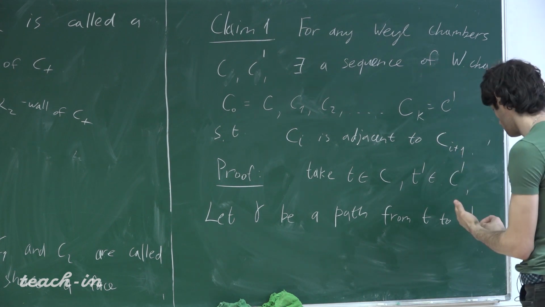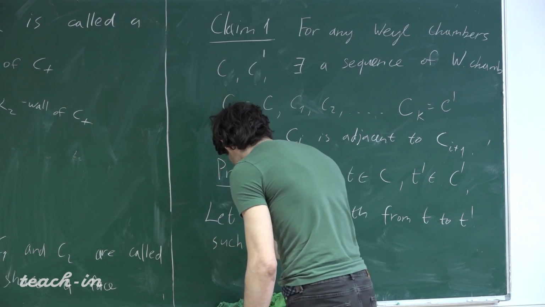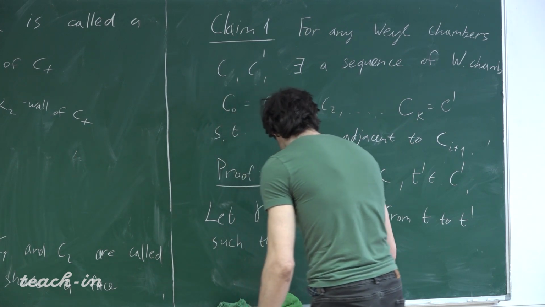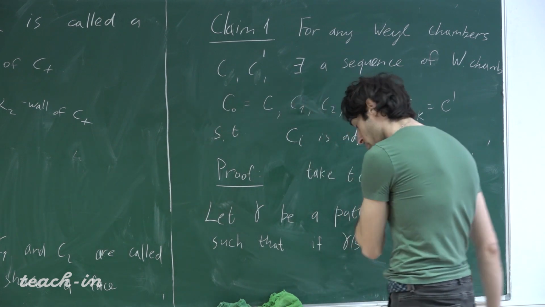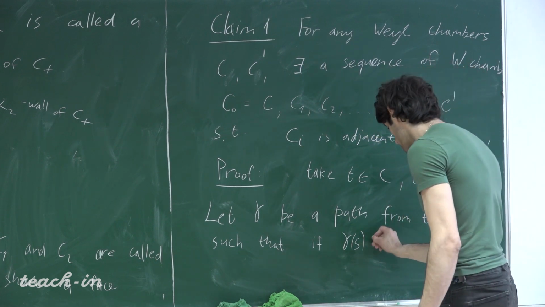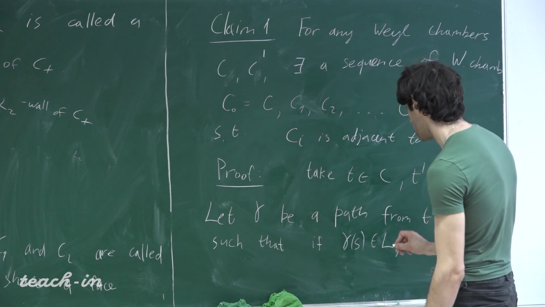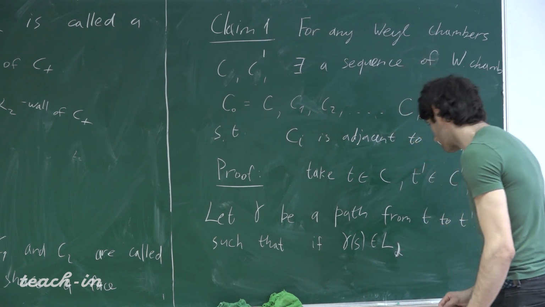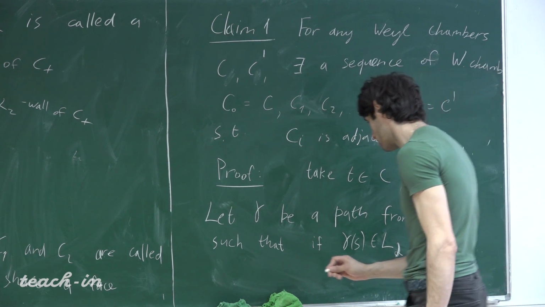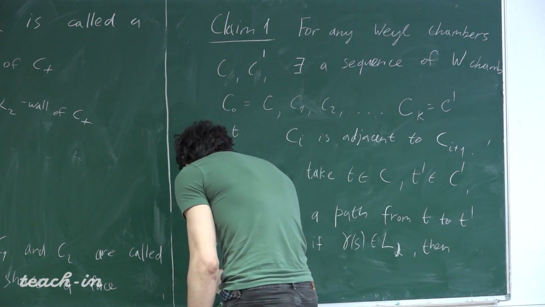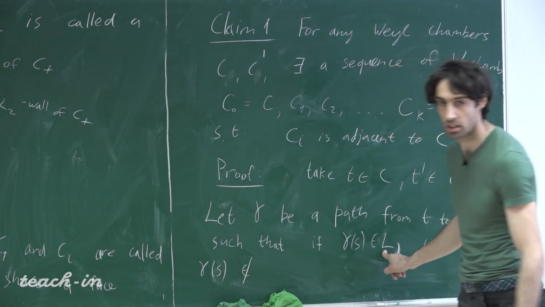Let me put this on the board. Such that if some point of my path belongs to L alpha, then this point does not belong to any other hyperplane.